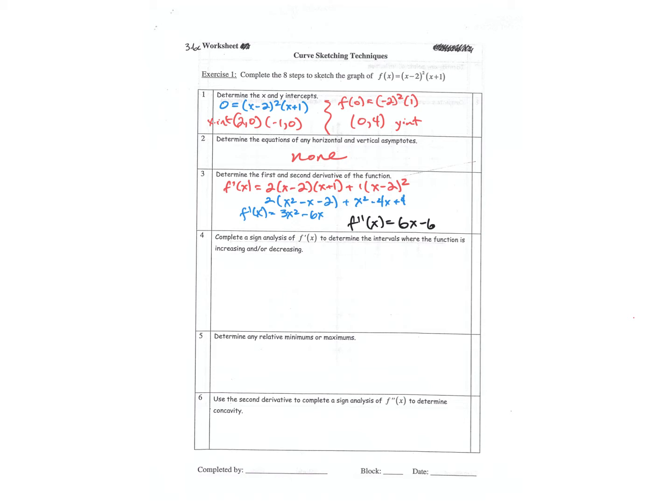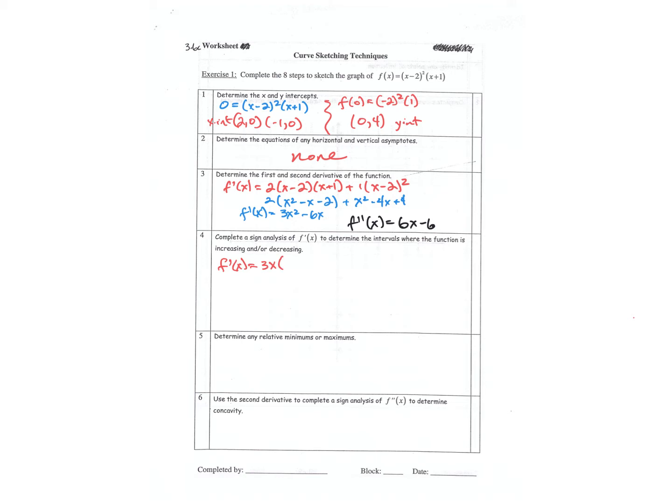All right. So part 4 says complete a sign analysis of f prime to determine the intervals when it's increasing or decreasing. So what do I need to take? I need to take f prime and do what? Set it equal to 0. When I do that, what do I find? I find critical numbers. All right, what could I factor out? A 3x.